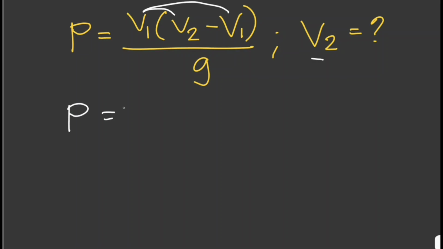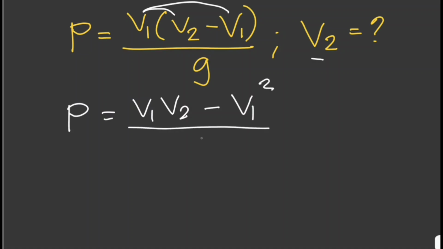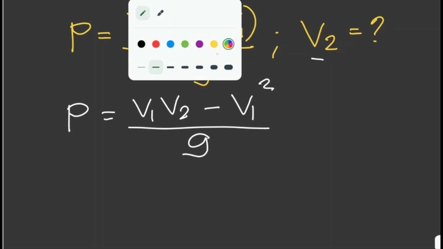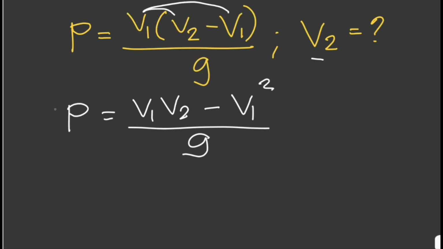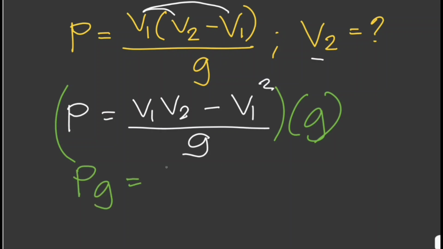This would become p equals v1 v2 minus v1 squared over g. And then we multiply both sides by g, and we have pg equals v1 v sub 2 minus v sub 1 squared.